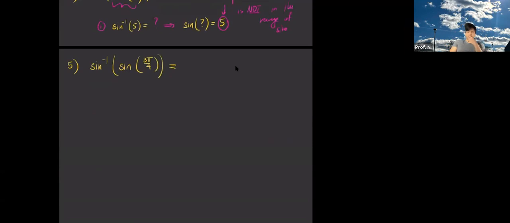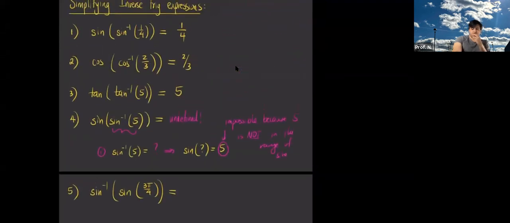What do you think this is? What do you guys think this will produce? What's your first initial reaction? 3 pi over 4, right? But is it 3 pi over 4?